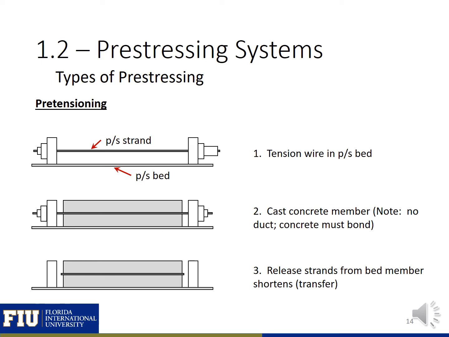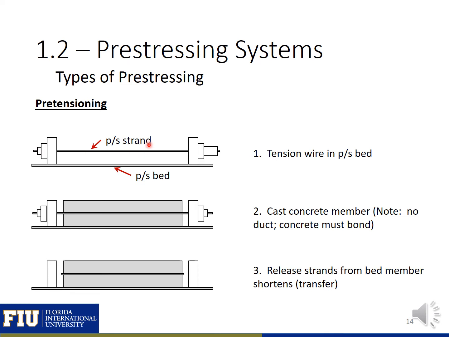The typical pre-tensioning process is shown on this slide. The first step in the pretensioning process is to tension the strands in a pre-stressing bed. So this bed includes some end blocks that can hold the force placed on them by the pre-stressing strand, or it has some steel forms that are called self-stressing that can handle the force from the pre-stressing strands.